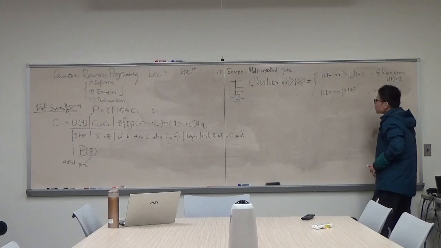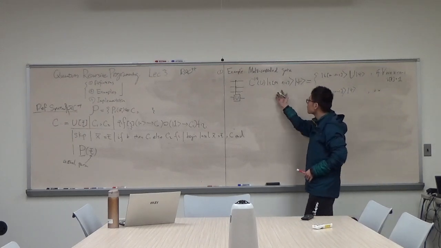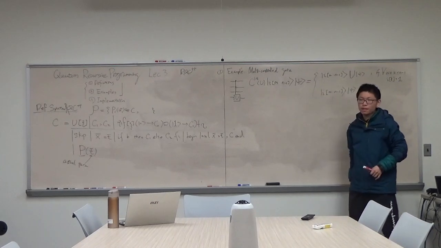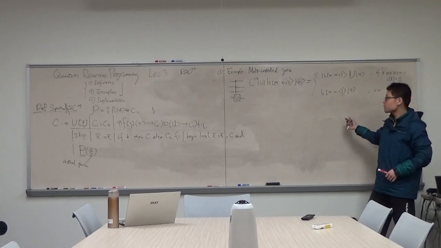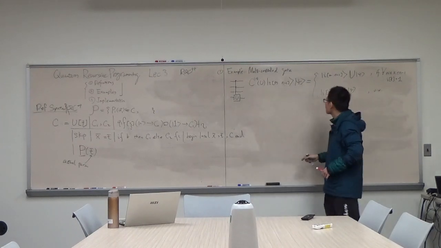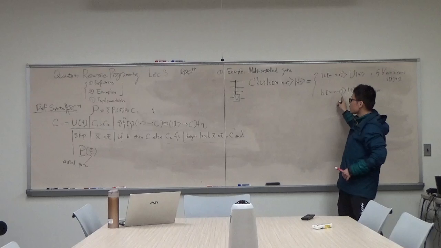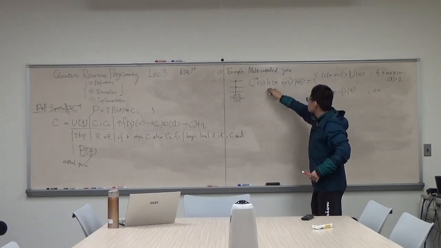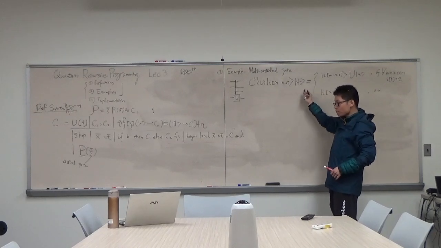That's how you describe the multi-control gate mathematically. It just says when all of the controlling qubits are in state ket 1, you apply the unitary. Otherwise, you do nothing.